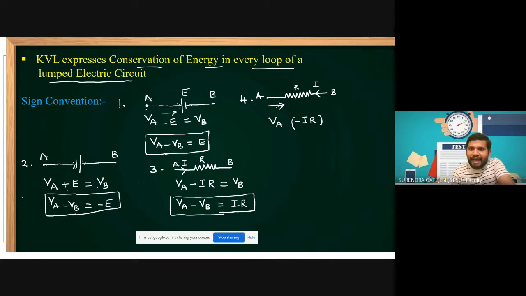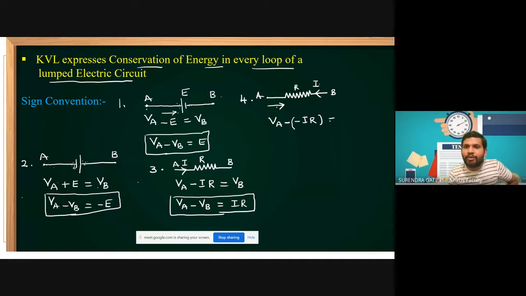That's why you take negative. Clear? All these observations are important during nodal analysis and mesh analysis. The drop is minus IR; a drop is always a fall of voltage, and a fall of voltage is nothing but a negative you take.